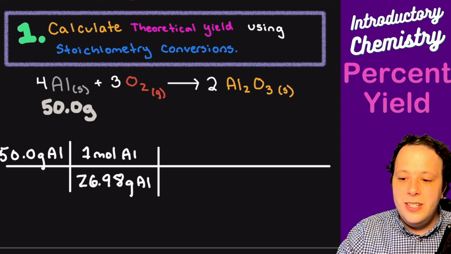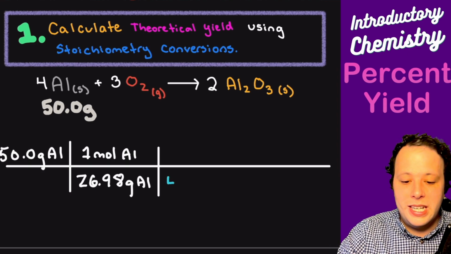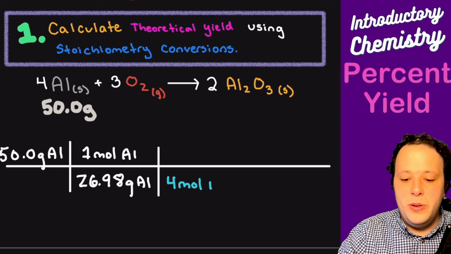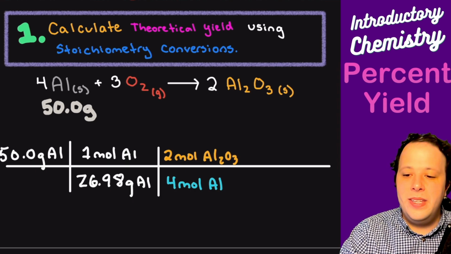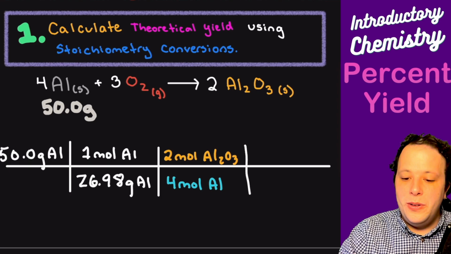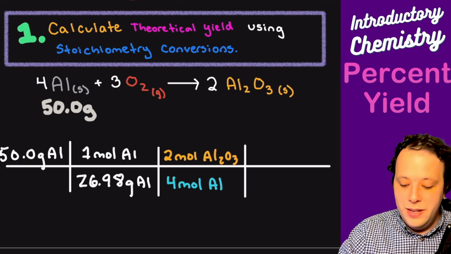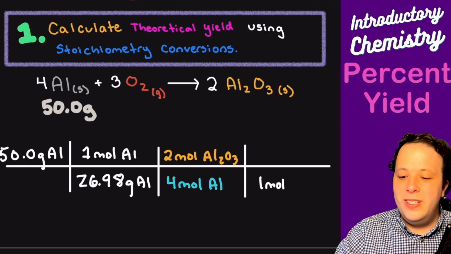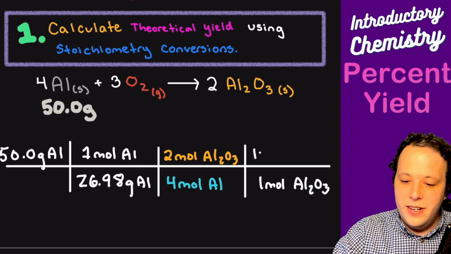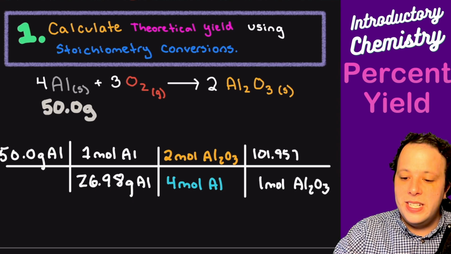So we need to use our molar coefficients to get there. So we see that 4 moles of aluminum is equivalent to 2 moles of Al2O3. Then we're going to use the molar mass of aluminum oxide to get to grams as our final step. So 1 mole of Al2O3 is equivalent to 101.957 grams Al2O3.